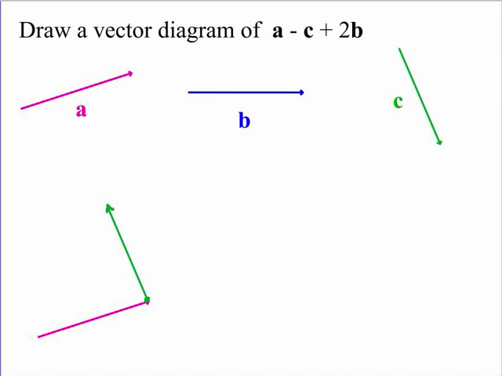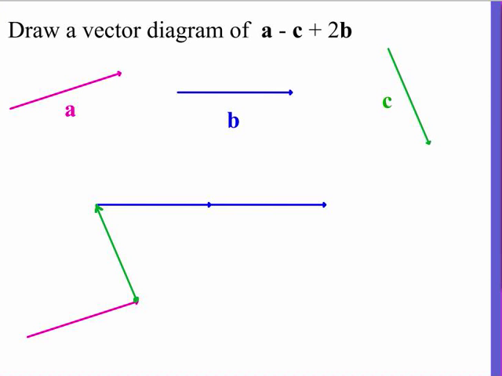Now what do I do? Two B's. Okay, so I'm just going to take one B right here, and I'm going to take another B right here. And so then now can somebody tell me where my new vector is going to start and where it's going to end?